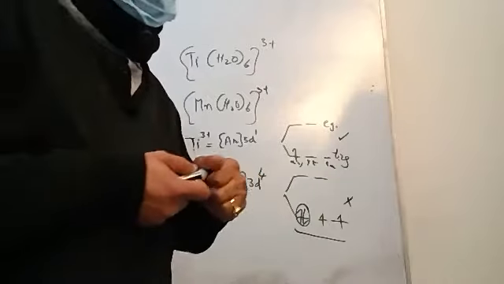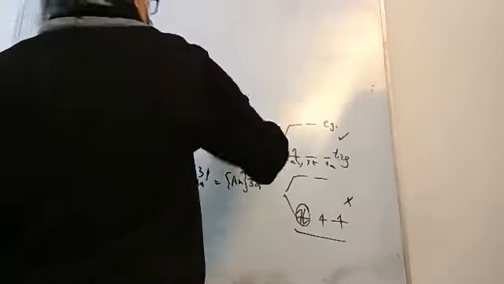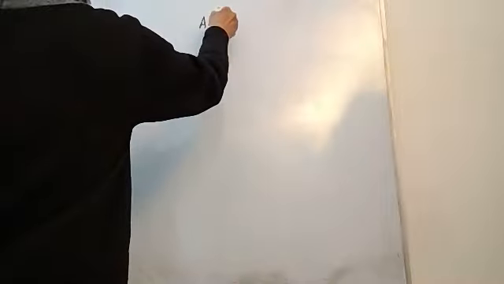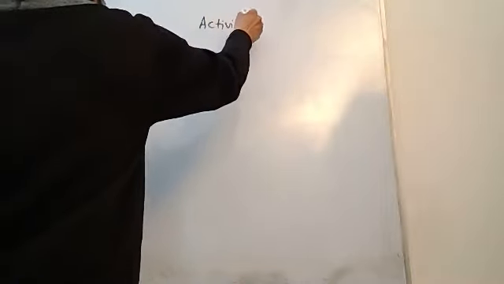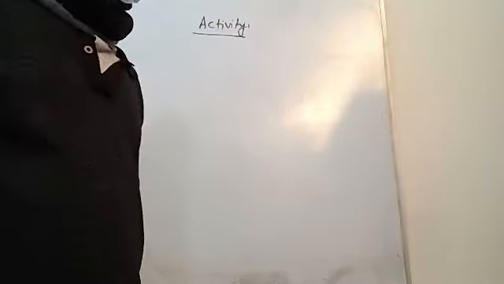All right, so the next thing that we're going to talk about is what we call the activity of complexes. As you all know, in chemistry, some chemicals are active, some are inert.